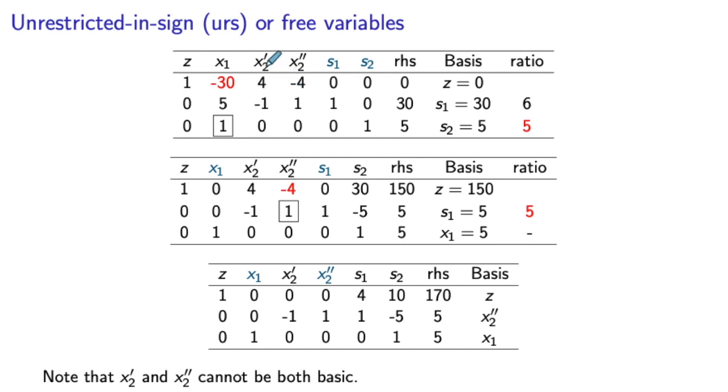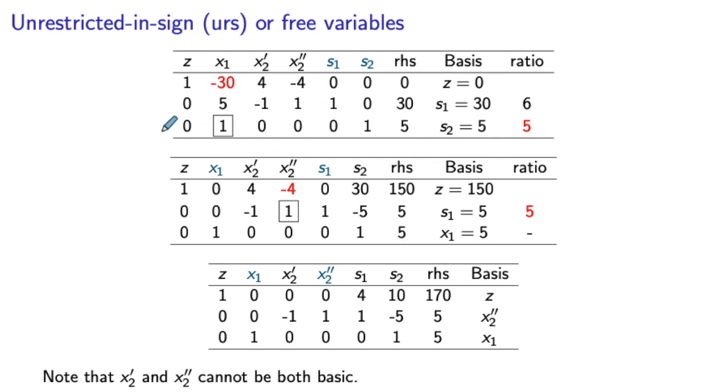This means that x2' will also have the coefficient of 4, and x2'' will have the coefficient of -4. Similarly, in row 1, x2 had the coefficient of -1, and the same coefficient will still be there for x2', but for x2'' it will be the negative of that coefficient. And this situation will be observed in every row of the simplex tableau.